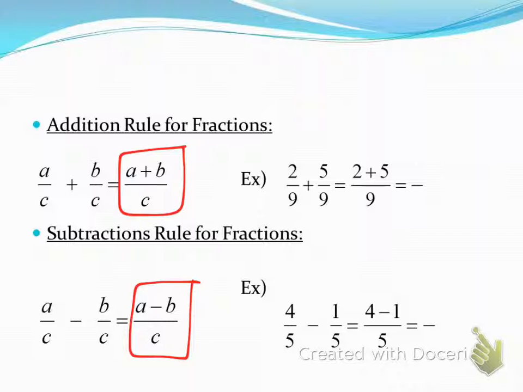For the examples, they worked most of it out for us. They showed us that if we take 2/9 plus 5/9, that's the same as 2 plus 5 over 9. So our last step would just be to rewrite our numerator as 2 plus 5 is 7, and my denominator would stay 9, the same.